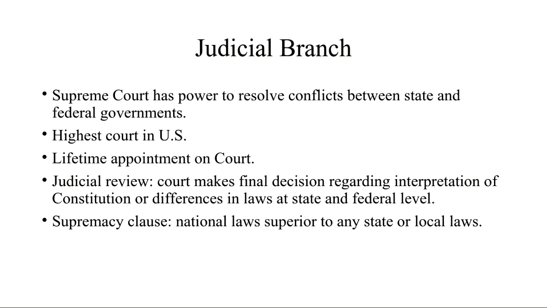So if the state of Texas wanted to pass a law saying marriage is between one man and one woman, it would be struck down by the court because they've already said marriage is between two consenting adults no matter what their gender. So if a state or a local county, for example, passes a law that contradicts federal law, it will likely end up before the Supreme Court. Abortion laws, for example, abortion restrictions, more often than not end up in federal courts.